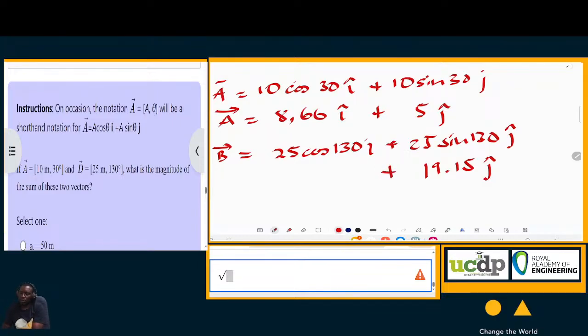And for i, it is negative 16,07i. That's for B. And now, since we have both vectors, we say vector A plus vector B.